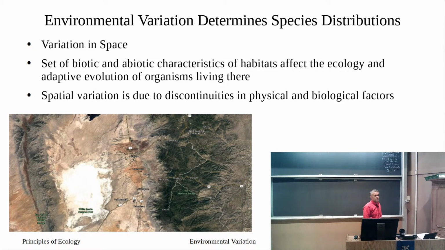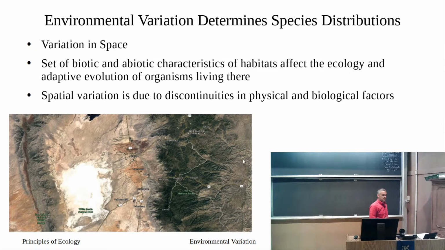But that's not the only thing that affects our distributions. All right. We also have to take into account the other biotic and abiotic conditions that are out there. So the biotic conditions in the sense that our organism has to deal with competitors, predators and diseases and pathogens and so forth. So it's going to actually be the suite of environmental variation and the biological variation that determines our species distributions.